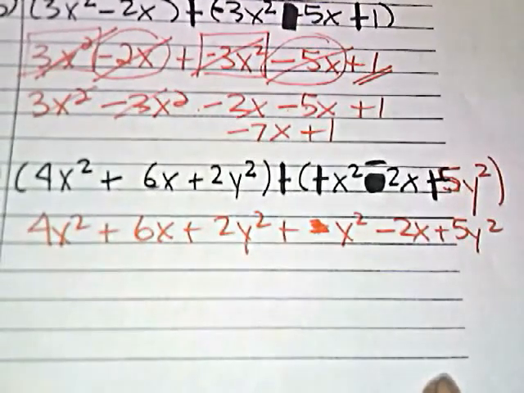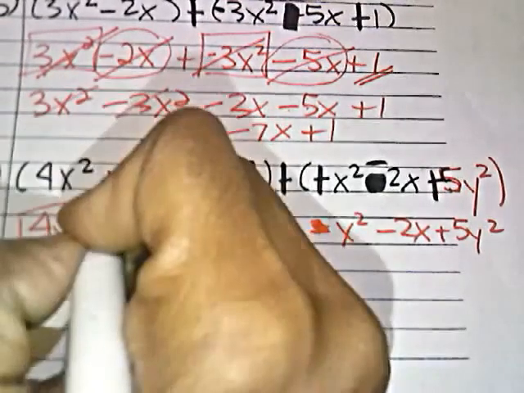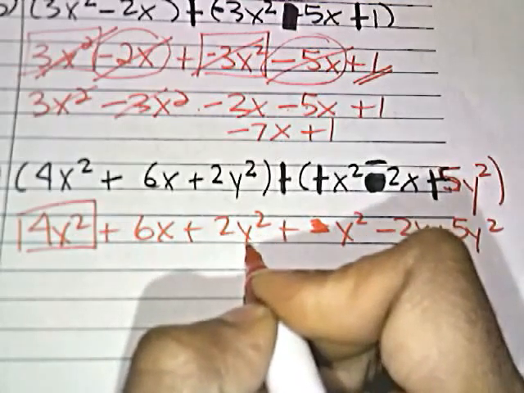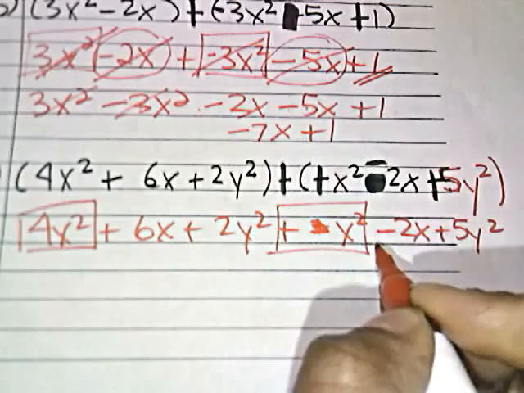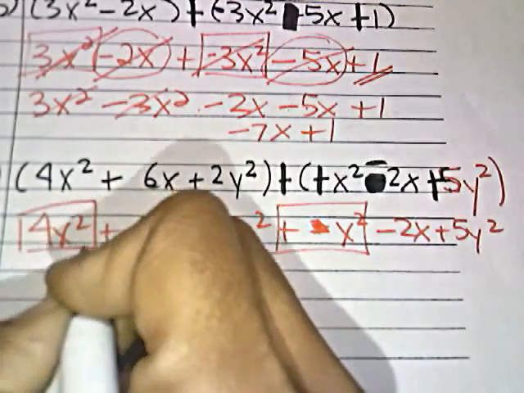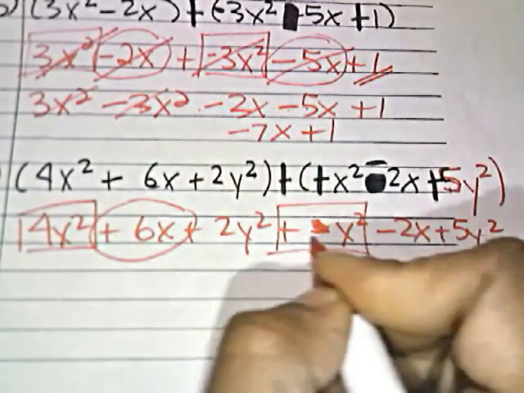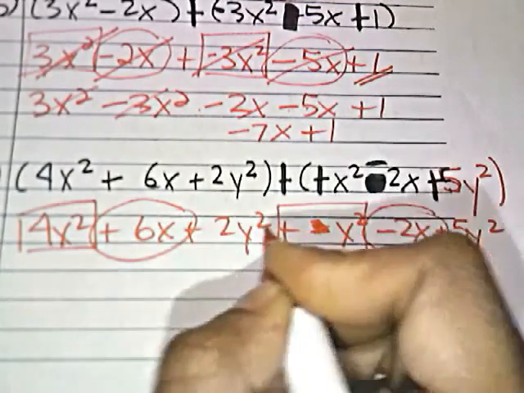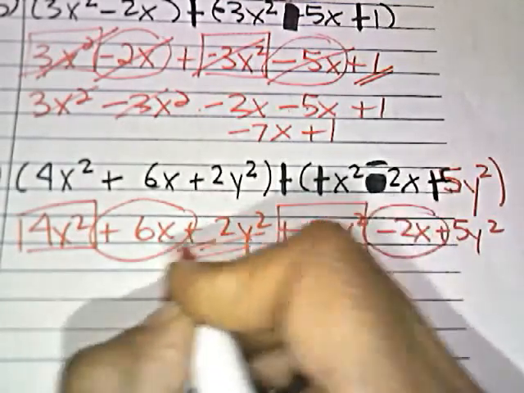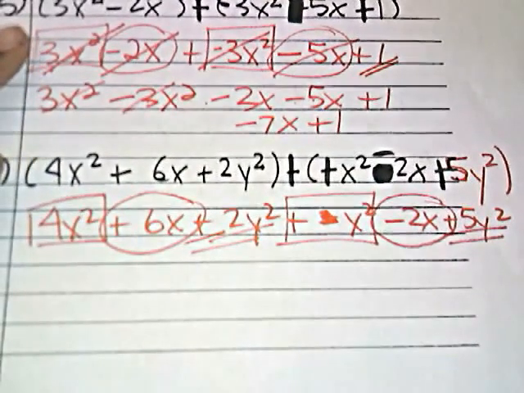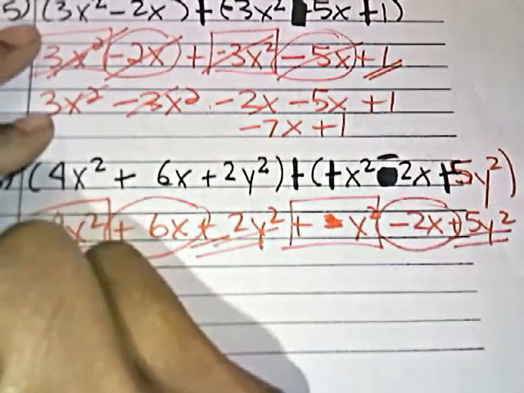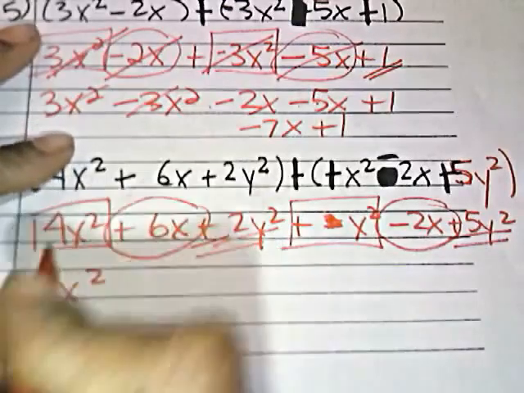What do I do next? That is not an x squared. I don't want that one. Now what do I do? Combine. I hope you wrote those steps down.